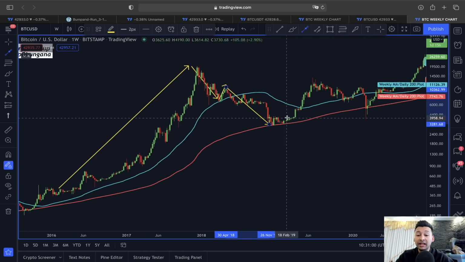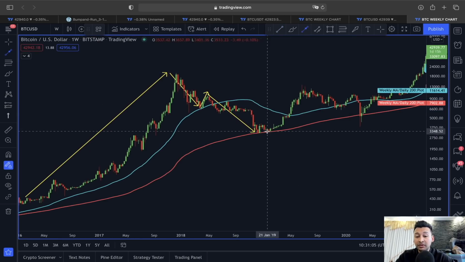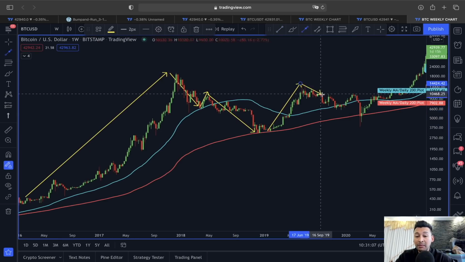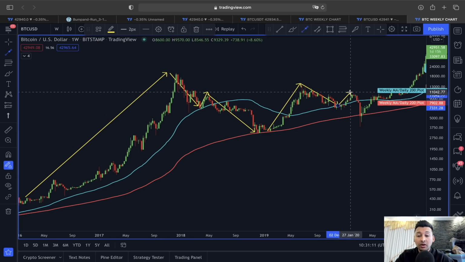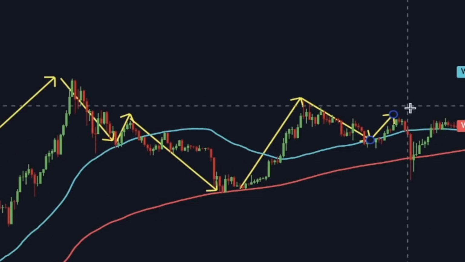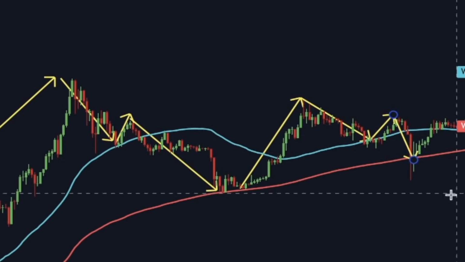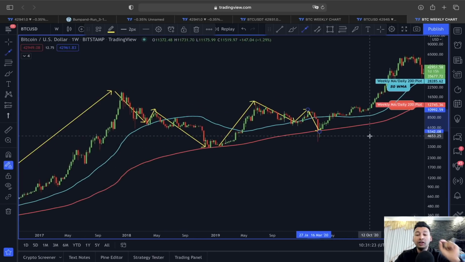And after that, we had this really nice new impulsive price movement. Again, price had this new rally where we came back to retest this 50 weekly moving average, a relief rally just like here, and as soon as the support got broken from this 50 weekly moving average, we got gravitated towards the 200 weekly moving average.